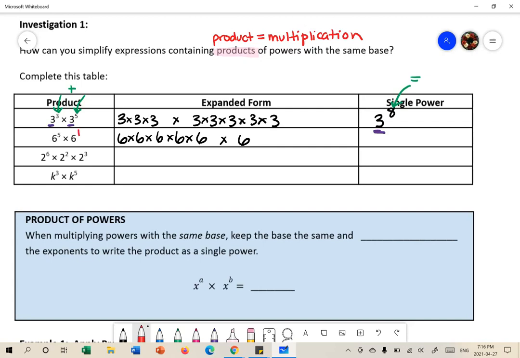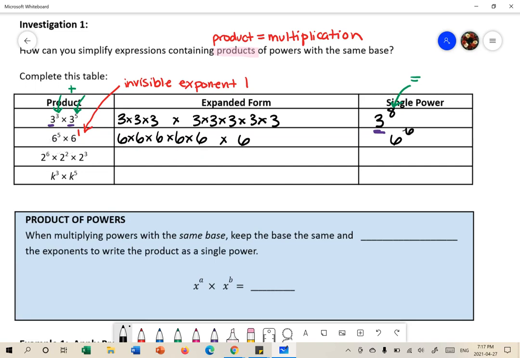We just don't write it. So 6 times 6 times 6 times 6 times 6 times 6, that's 6 times itself 6 times. Okay, so the base will remain as 6, and we're raising it to itself 6 times.